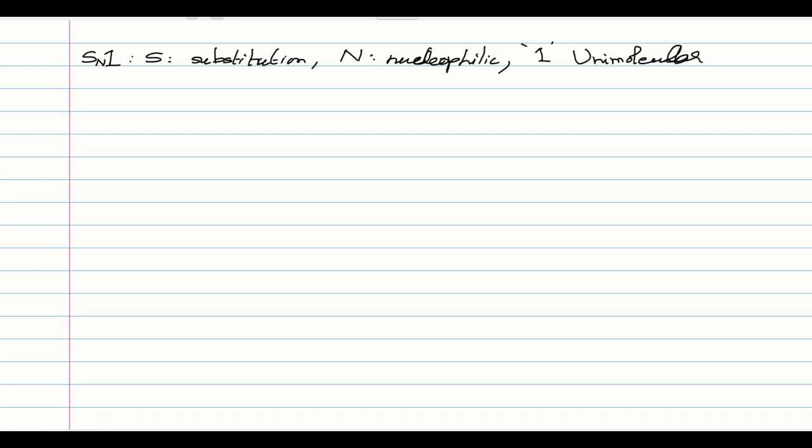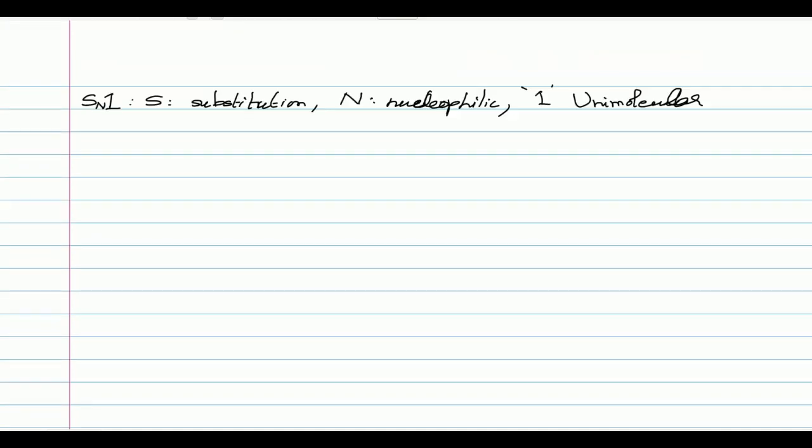That means in the rate determining step, only one molecule is involved. Now let's look at the mechanism for the SN1 reaction of an alkyl halide.